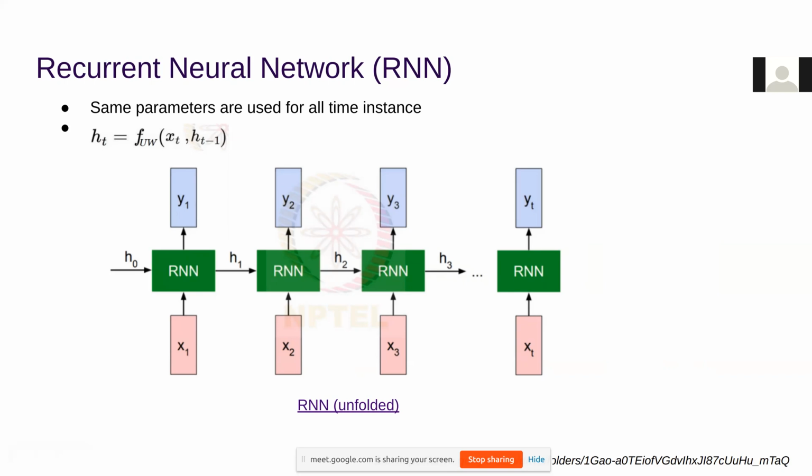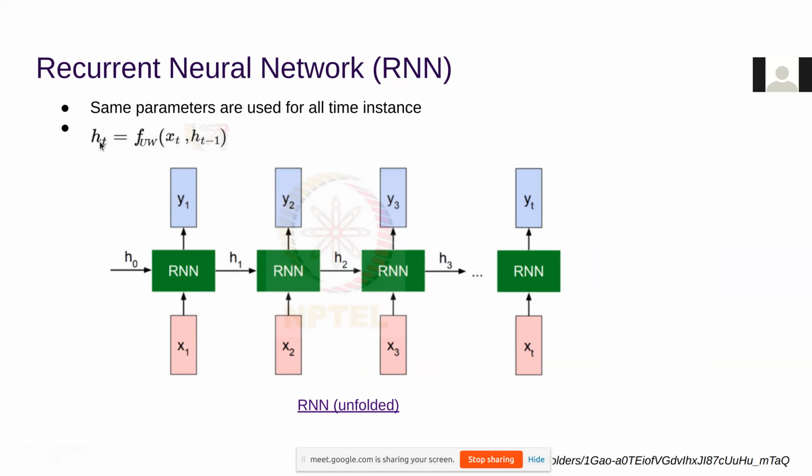It will also take as input the information it has saved from the previous time step, that is h1, which is known as the hidden state information, and it will now use the hidden state and the input at time t equal to 2 to predict the output y2. Similarly, at time t equal to 3, it will take the hidden state h2 and input x3 and will predict y3. Now this h2 will have the information about both these inputs x1 and x2, and so on.